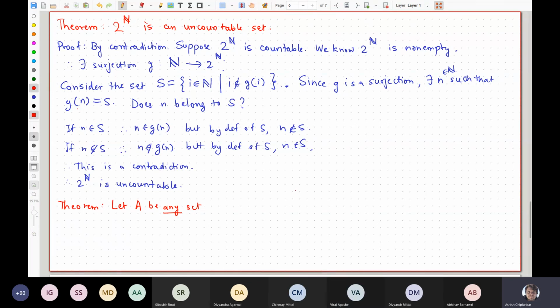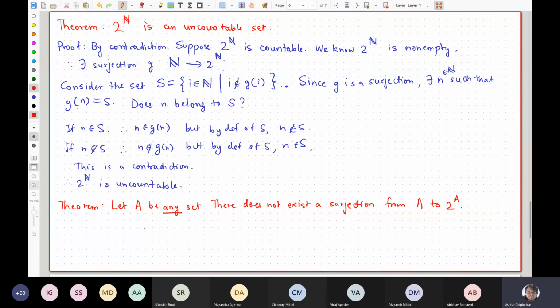So this is one result that I'm going to leave for you to figure out as a part of tutorials, right? Let A be any set, absolutely any set. There does not exist a surjection from A to the power set of A. What we proved was a very specific case of this theorem where A is the set of natural numbers.